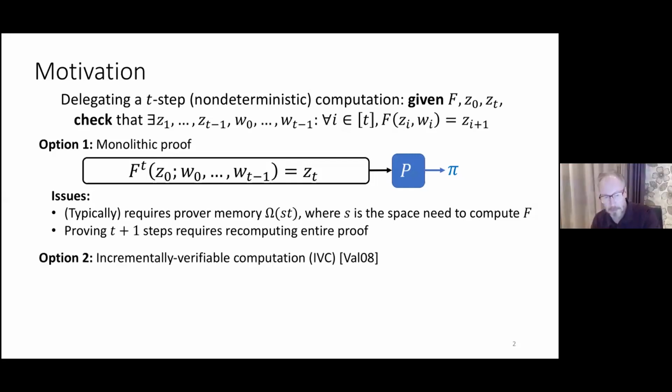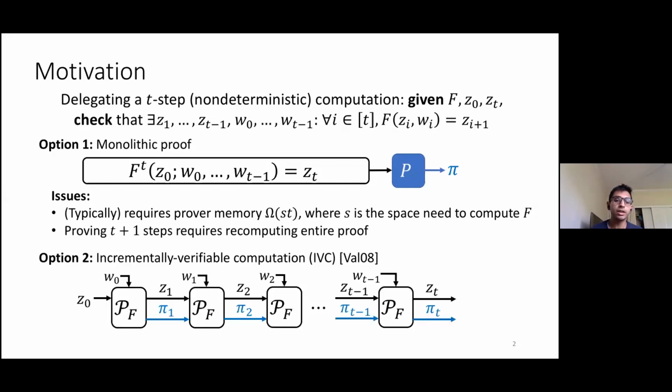So to resolve this problem, people have developed this notion of incrementally verifiable computation, or IVC. The idea here is that you incrementally prove the correctness of each time step. So at the 0th time step, the IVC prover p sub f takes in z0 and w0 and then produces the next step input z1, along with the proof pi1, which attests that f applied to z0 and w0 gives out z1, right?